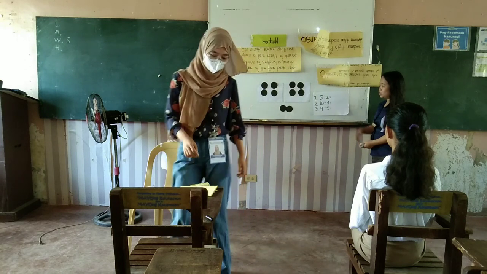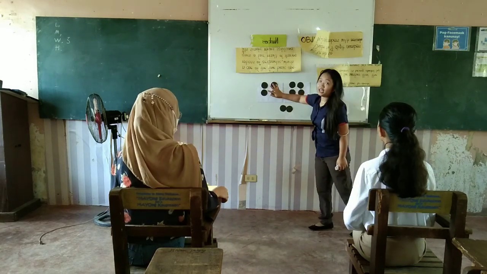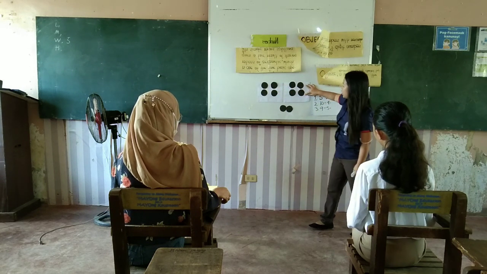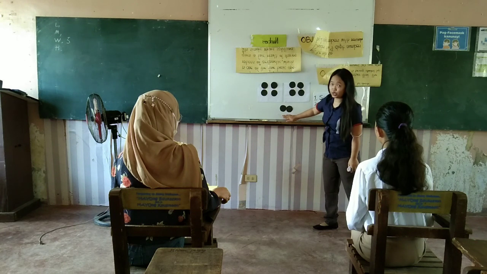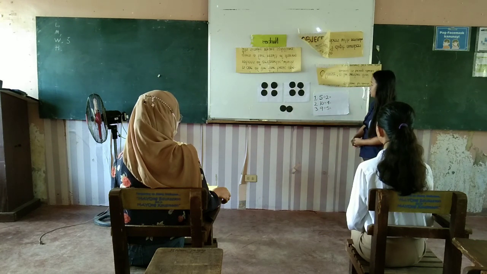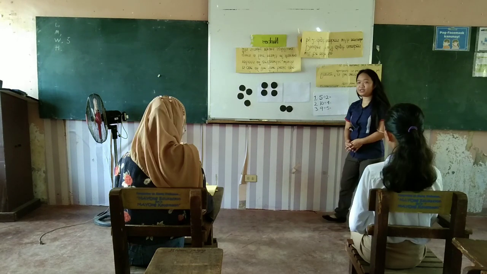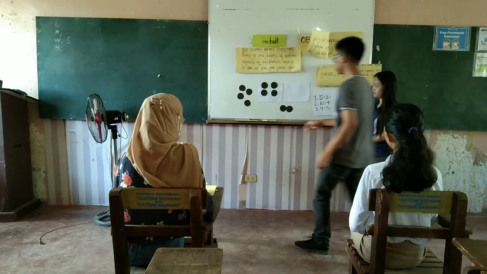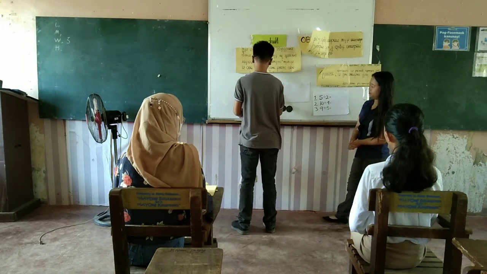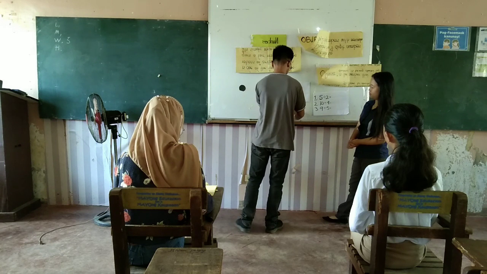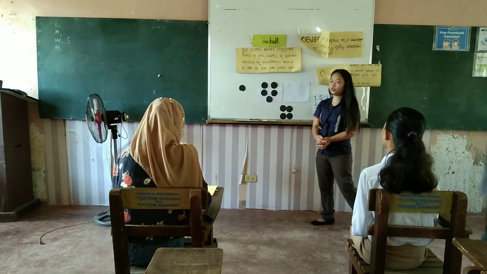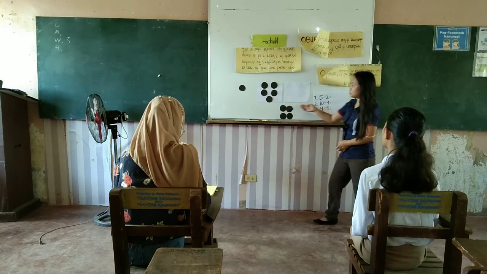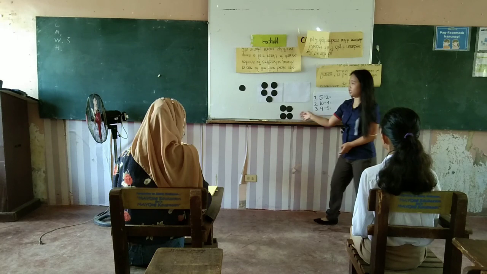Okay, very good. In table 1, we have box 1, we have the 4s in 4. So the answer is 2, and the excess is 2. Who wants to answer for number 3? Mr. Wopan. Okay, very good. So 9 divided by 5 is equal to 1, and the excess is 4. Okay, very good.